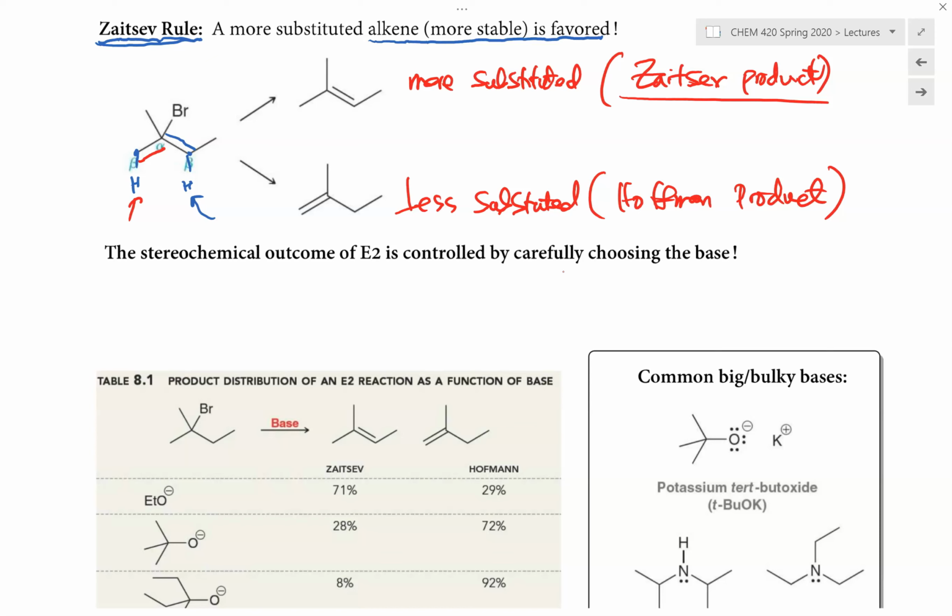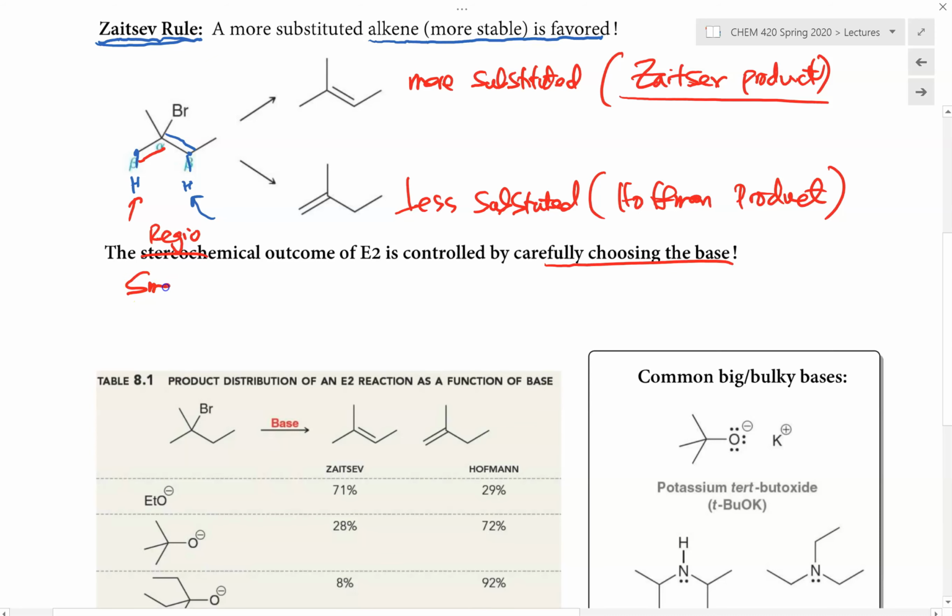So basically, the regiochemical outcome of each reaction can be controlled by carefully choosing the base. Please change this to regiochemical outcome. So again, regio refers to the region where the chemical reaction is taking place.